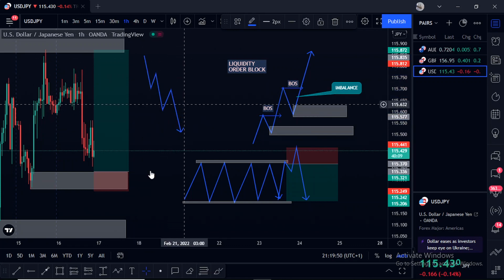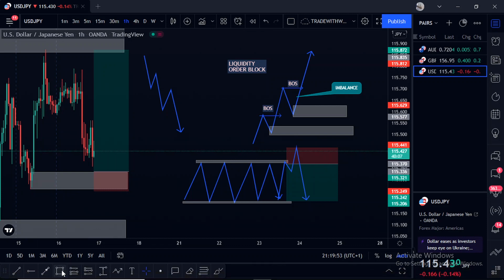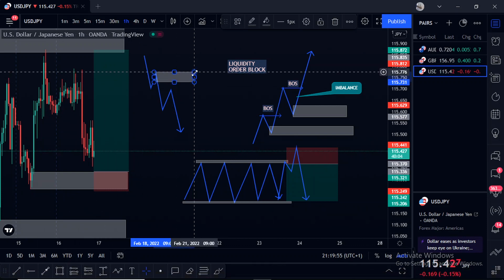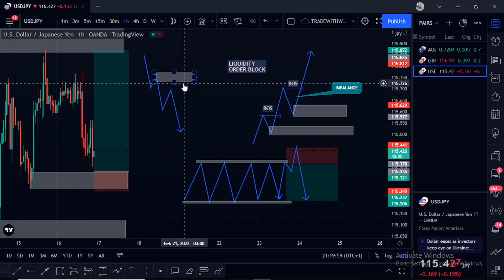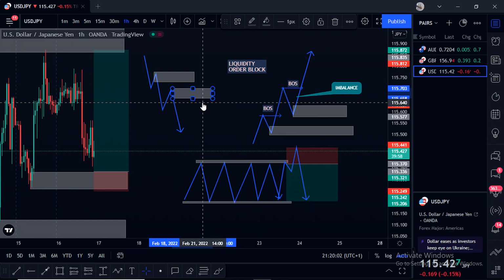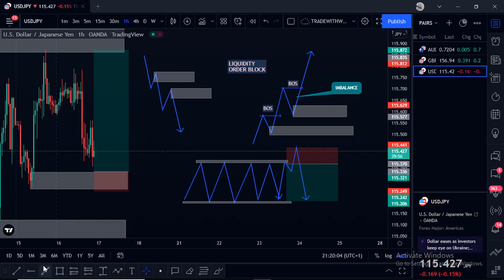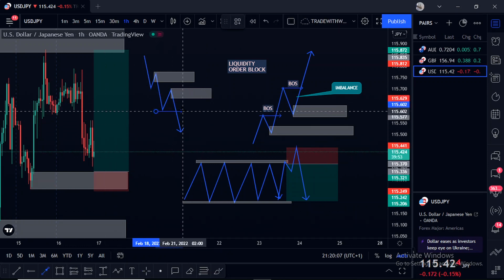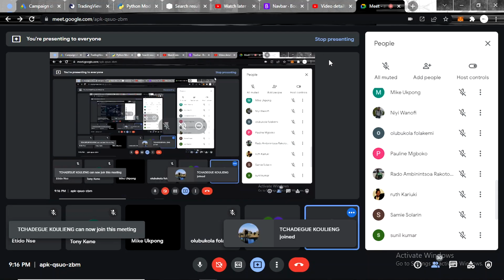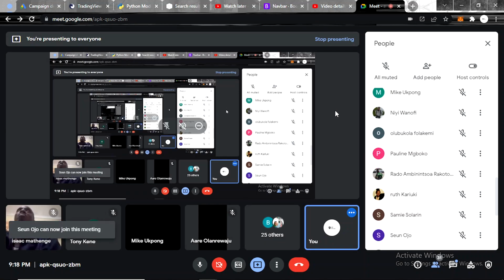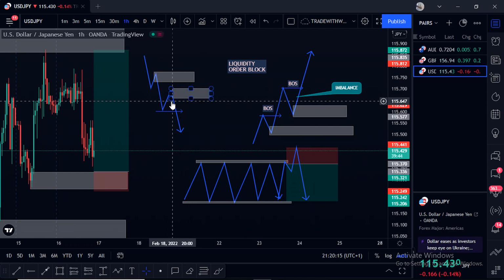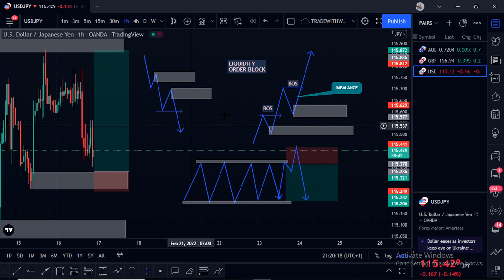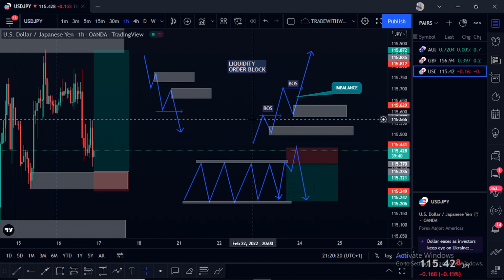There's a break of structure and this order block candle was formed before the break of structure. So the imbalance caused the break of structure. The imbalance is what causes a break of structure.